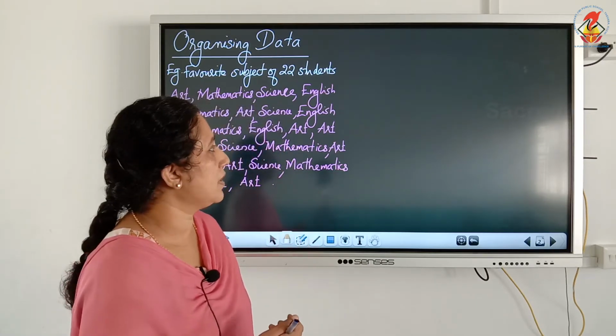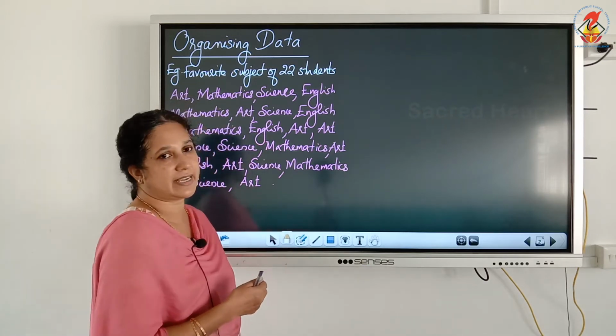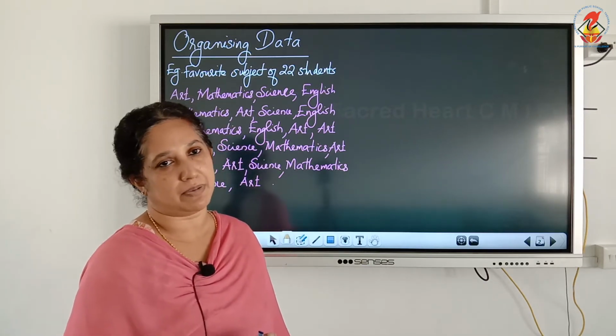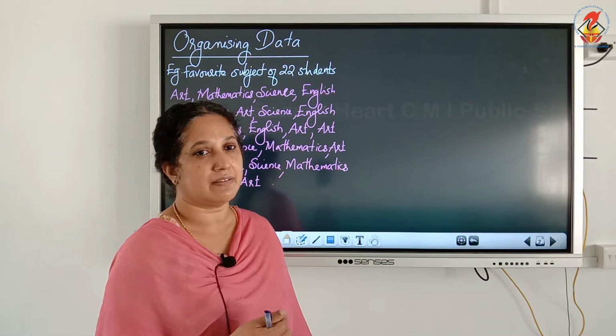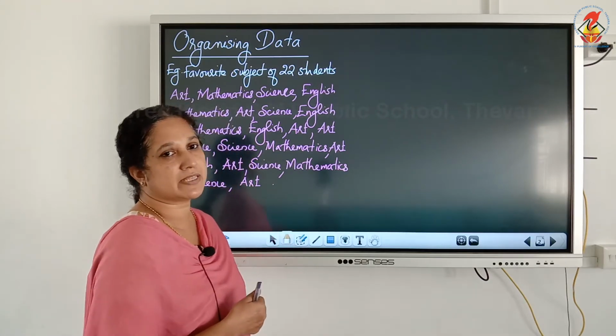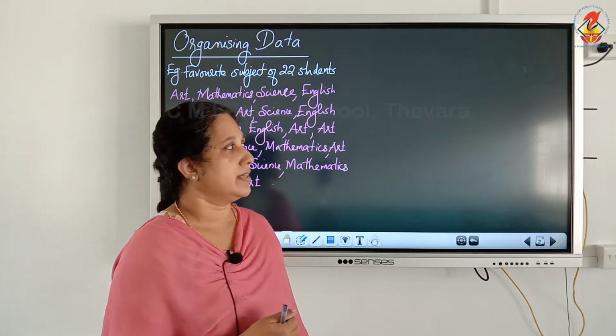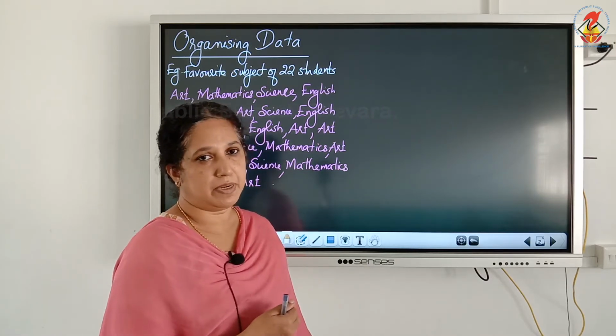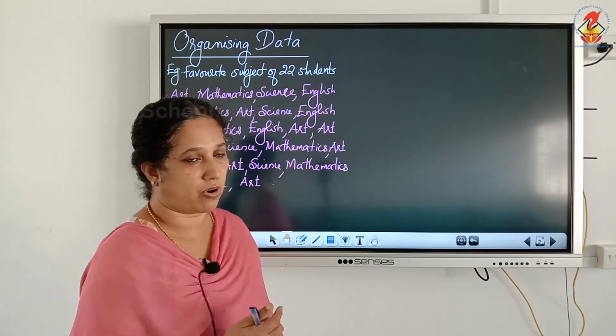So here we are going to organize the data using tally marks. Using tally marks, we can organize the data. So we have to represent the data in a table. Now we are going to draw the table. The table consists of 3 columns.